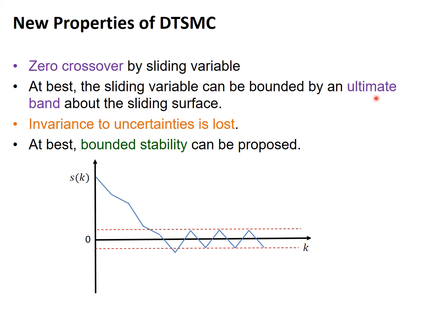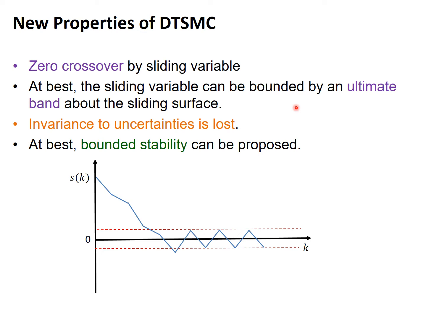If we have a narrower ultimate band, I am sure you will appreciate that it means a stronger robustness. I would have the exact robustness when the sliding variable becomes 0, as in the continuous time case. But exact robustness I am not able to achieve.